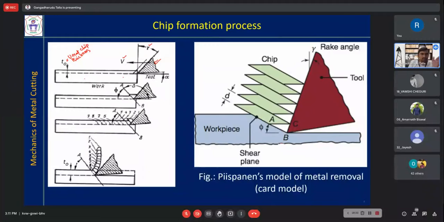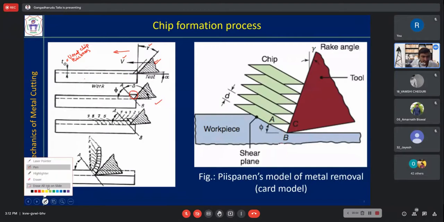Now when you want to cut this workpiece, the tool is coming in this direction. So if you see carefully step by step, you go to the second figure. Whenever this tool is forcing against this workpiece, the material is swelling.